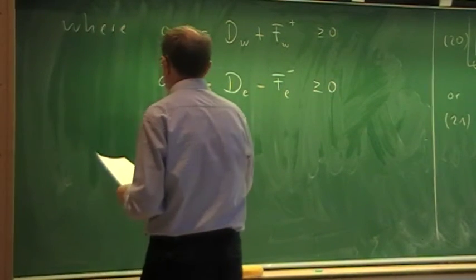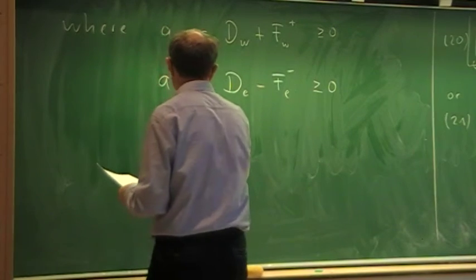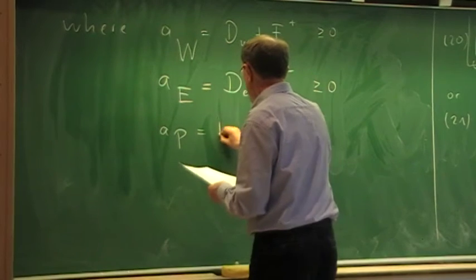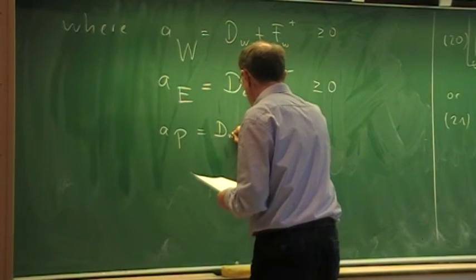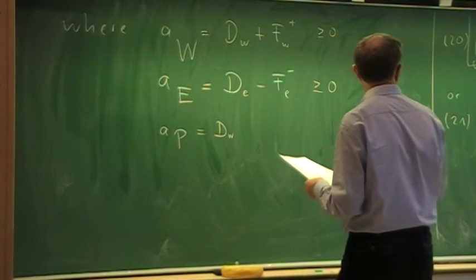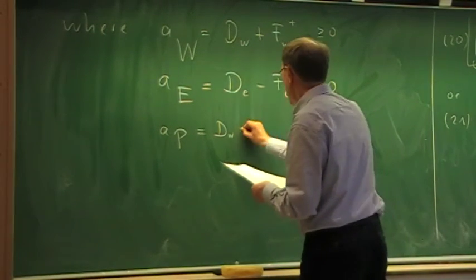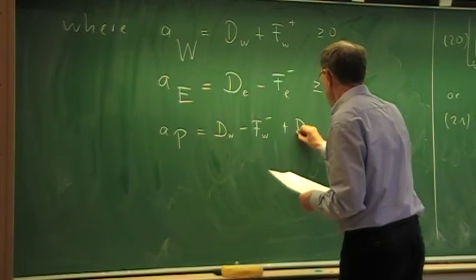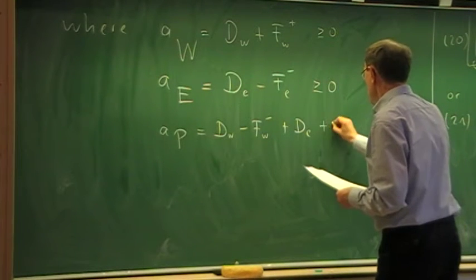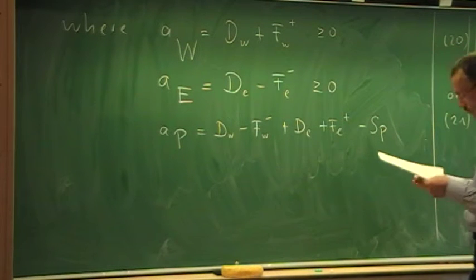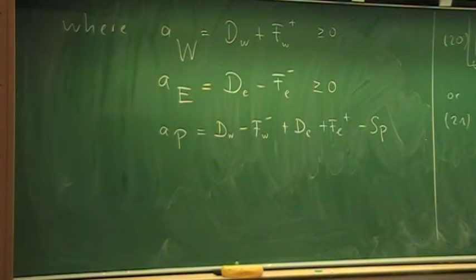So then we look at the AP coefficient now. The AP coefficient is a little bit more involved. It has dW, all small letters here for these coefficients, diffusion conductance and convective mass flux, minus FW minus, plus DE plus FE plus, minus SP. Now we use the coefficients AW and AE.